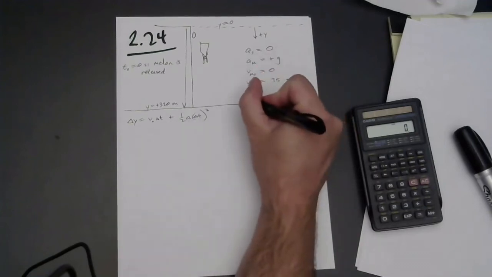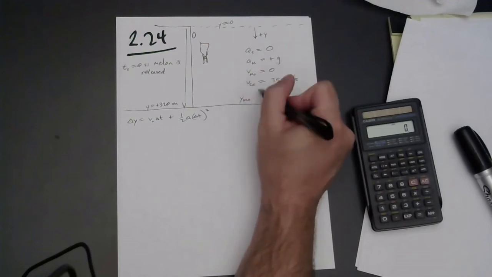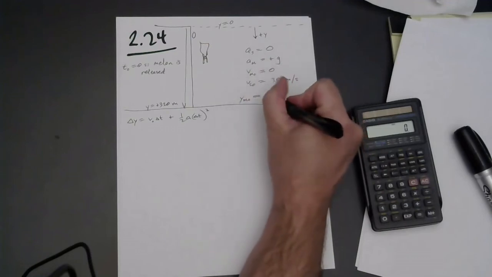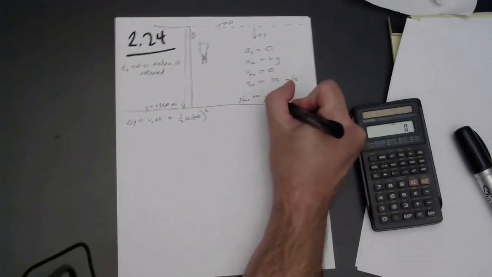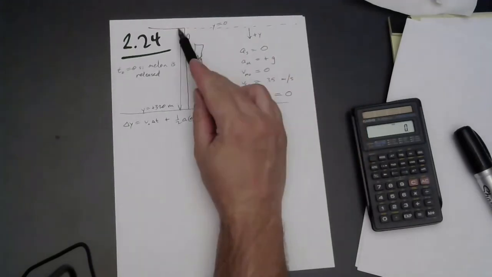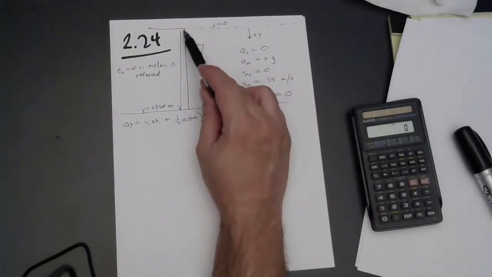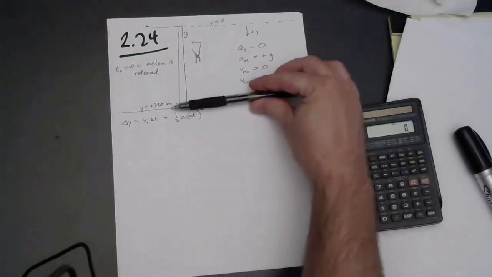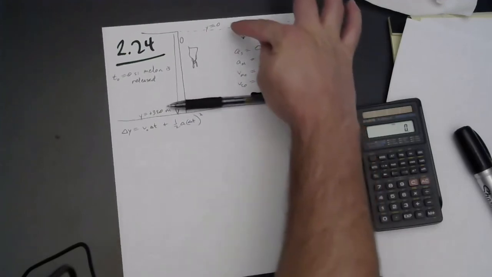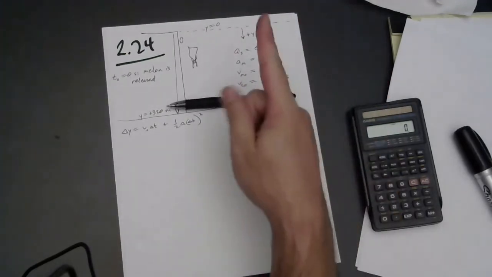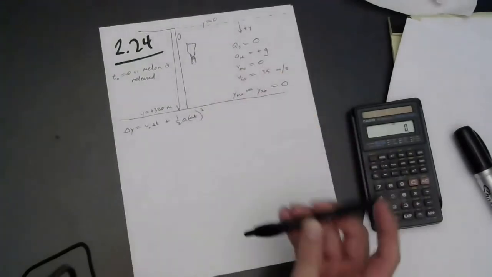Both of these objects, Superman and the watermelon, have the same initial coordinate. So y melon initial is the same as the y coordinate of Superman initially. They're both at 0 at t equals 0 because I put my origin there on purpose. If you had put your origin here, then you would say that they each have an initial coordinate of positive 320. I kind of like this choice better.